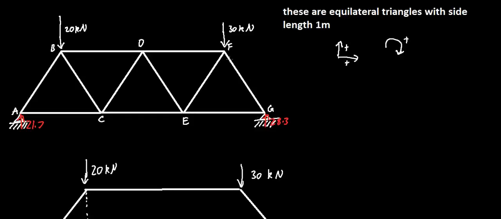Alright. Now, using the method of joints, how are we supposed to figure out all the forces experienced by each of the members? The idea is that we isolate each of the joints, and we know that for each joint, all the forces must equal 0.